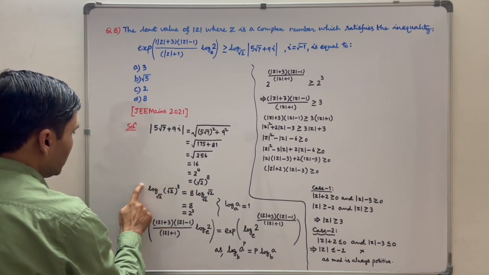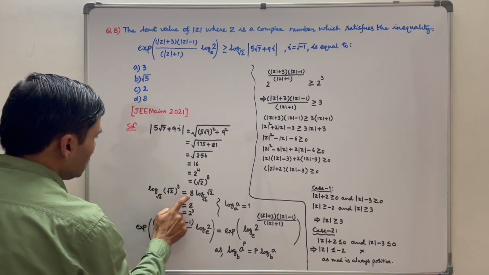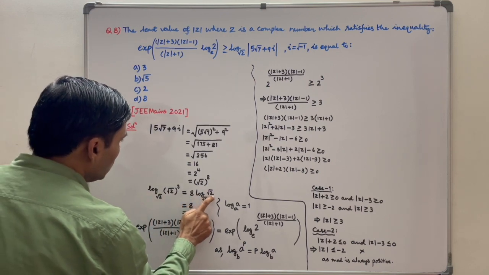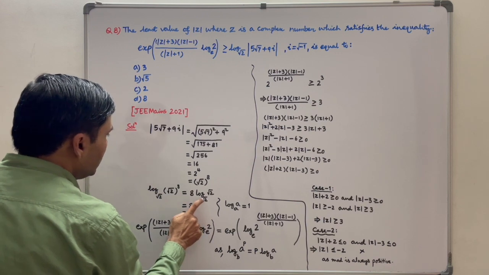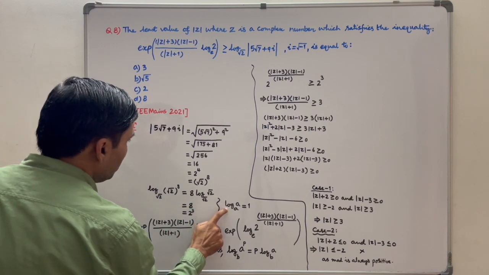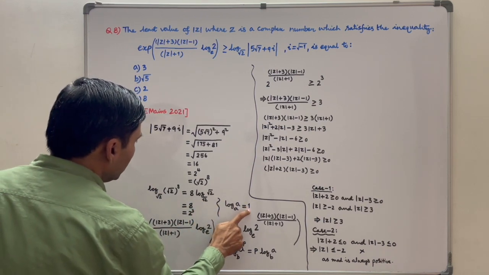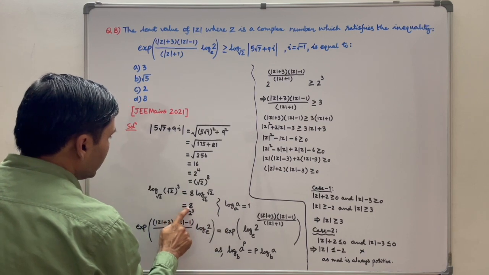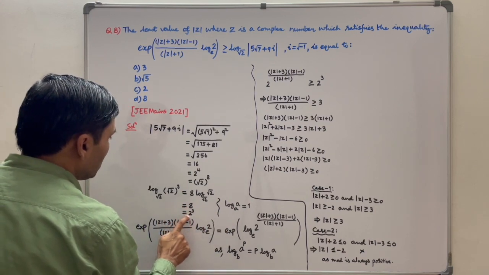This power can be shifted here, so this is equal to 8 times log √2 to the base √2. This is in the form log a base a, which is equal to 1. So that is equal to 8. 8 can be written as 2³.